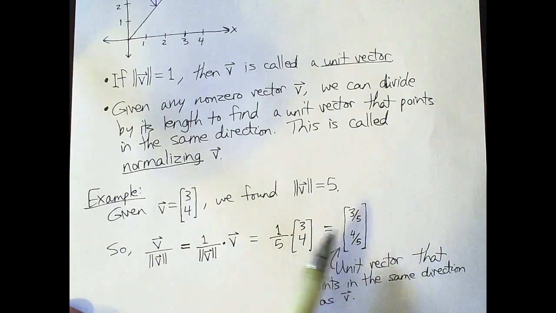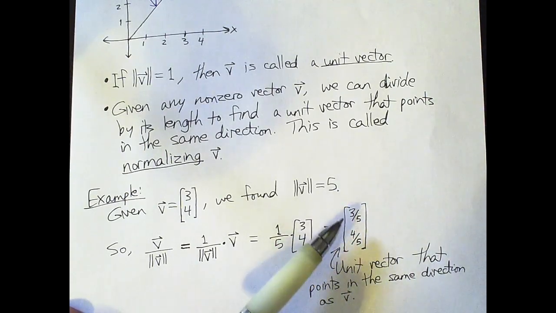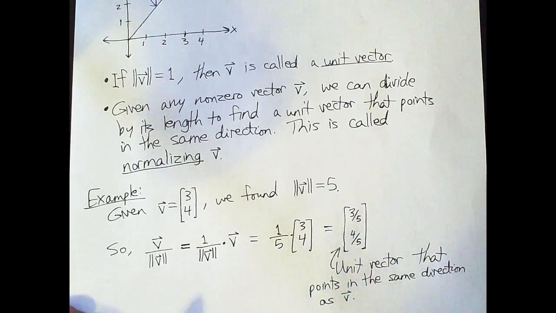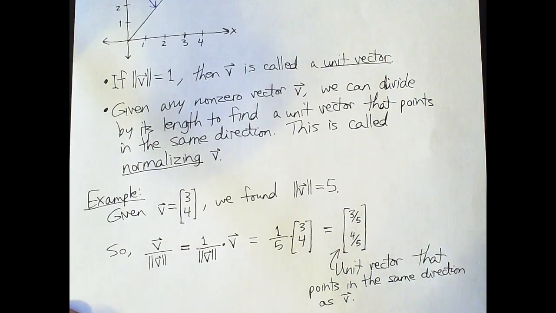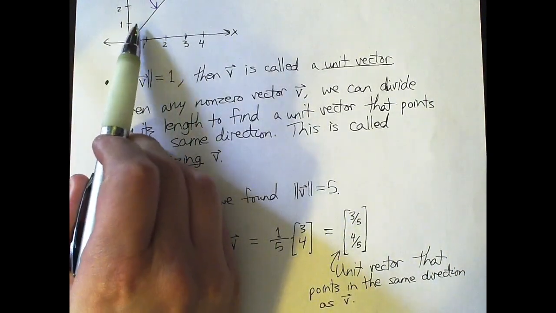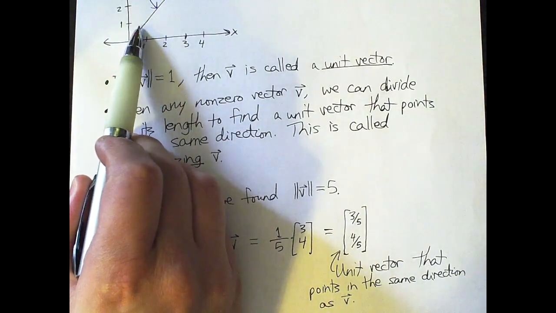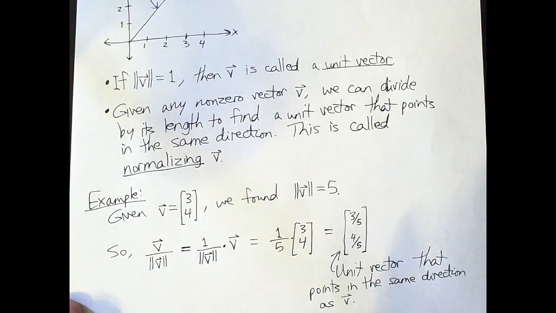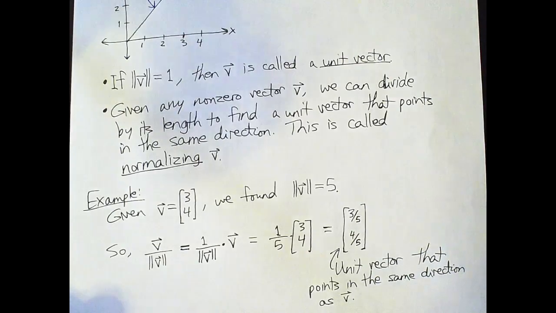You could verify that this has a length of 1. We don't have to do that, but you could use the definition of length, the little formula, and check the length, and you'd find that it has a length of 1. And if you were to draw this vector in the xy plane, you would see that it goes along the same ray. It points in the same direction, but it only goes a distance of 1 from the origin.